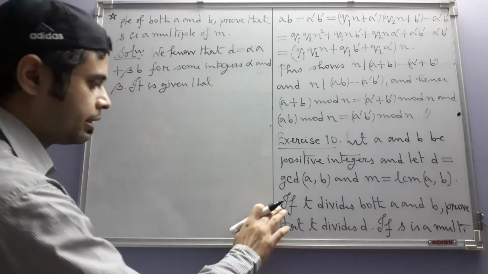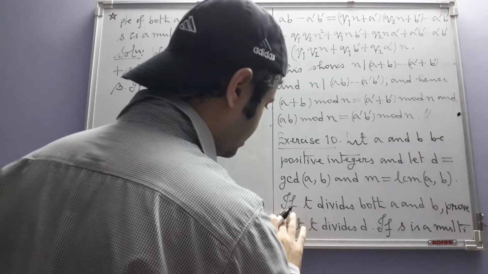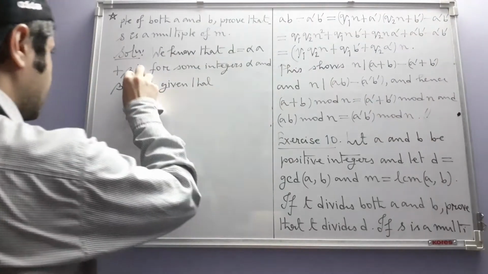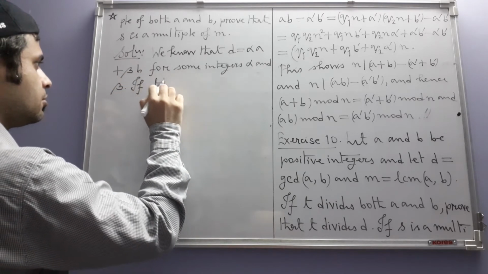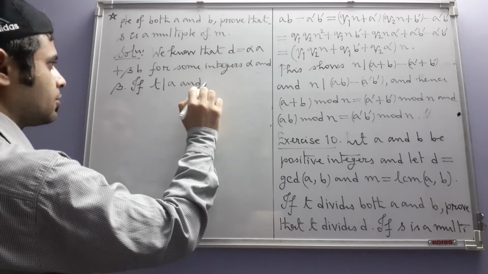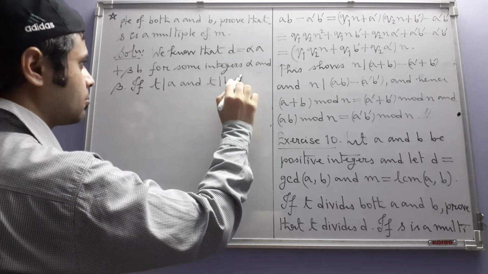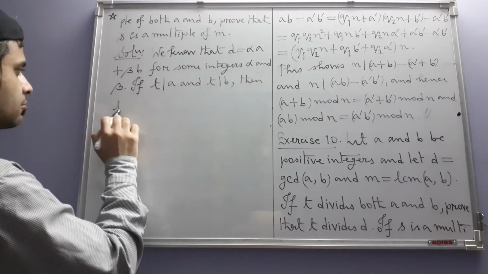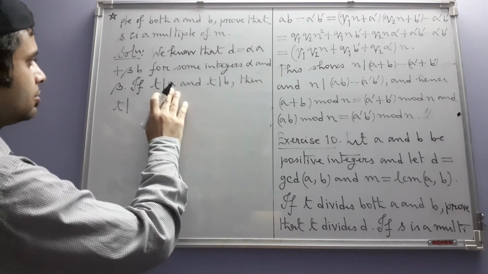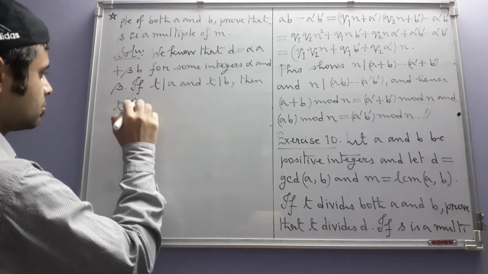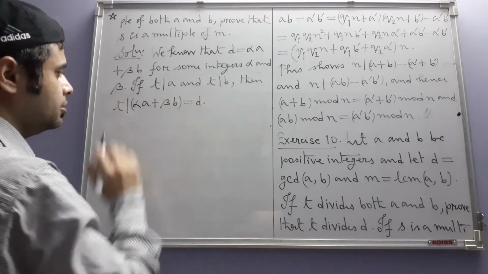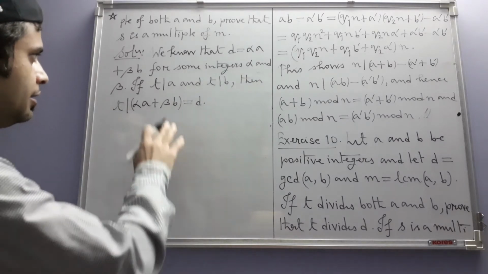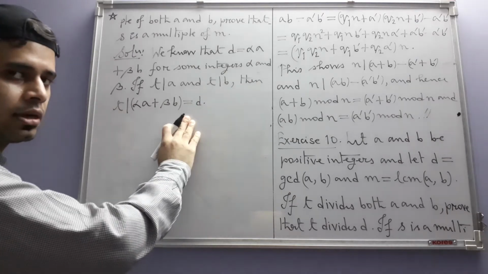It has been asked to show that if T divides A and T divides B, then clearly T also divides alpha A plus beta B, from elementary properties of divisibility, which is nothing but D. So that's how T divides D. Any divisor of A and B has to divide the greatest common divisor.